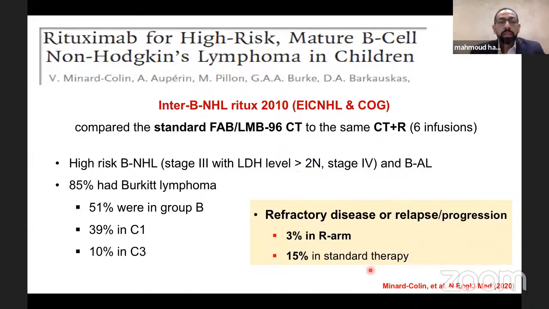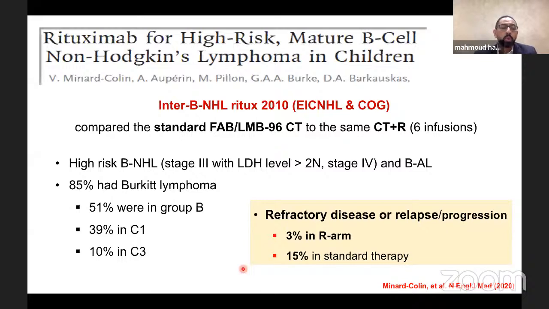This also raised the attention of many other groups, and one of the recently published was the RETOX trial that randomized patients to 2 arms. One of them received the LMP 96 protocol against the same protocol including rituximab, and they found that refractory disease or relapsing progression in the R arm was 3% compared to 15% in standard treatment.